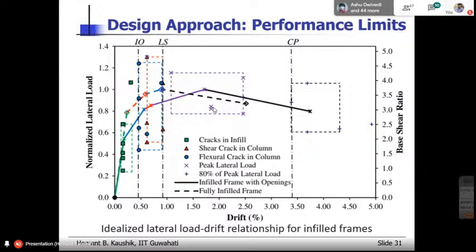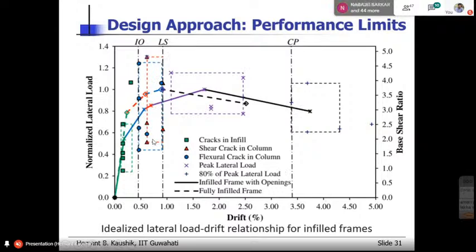For example, the FEMA document of USA defines three performance limit states: the IO level, which is immediate occupancy, the LS level, which is life safety, and the CP level, which is collapse prevention.